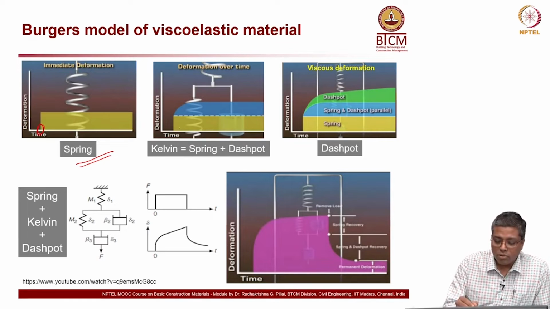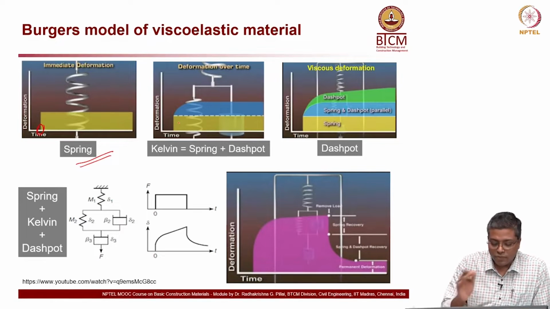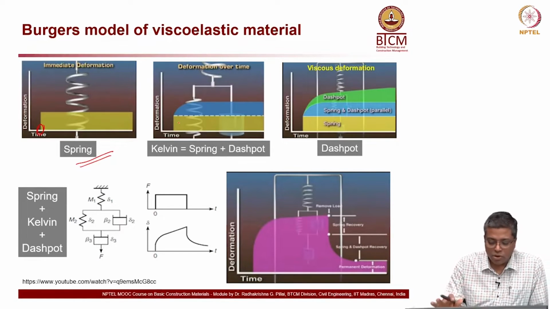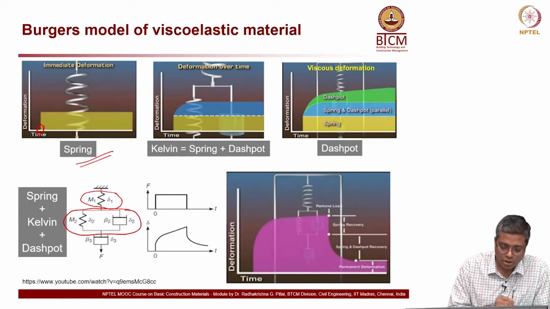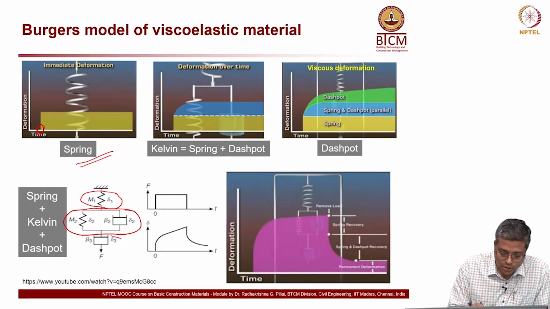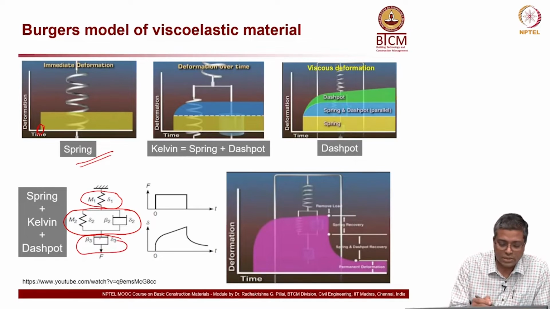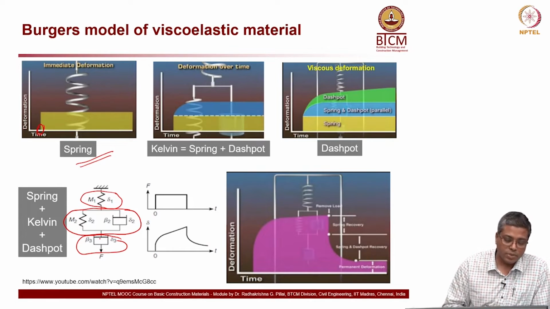Now, before I go into the graph, let me show you what this model looks like. This is a spring model here, and then you have a spring and dashpot placed in parallel, which we call Kelvin model, and then you have a third one which is a dashpot model alone. So, these are spring, Kelvin and dashpot put in series.